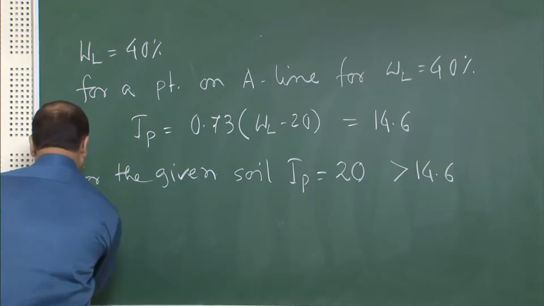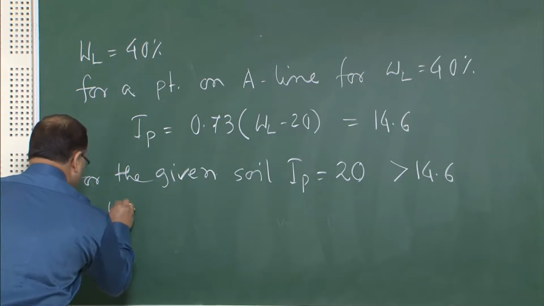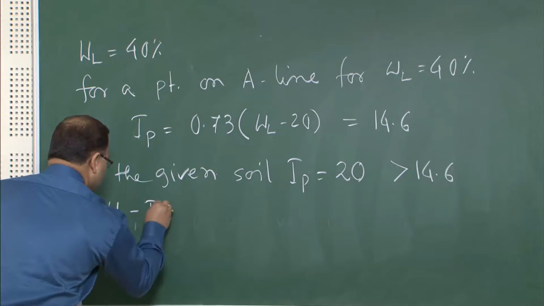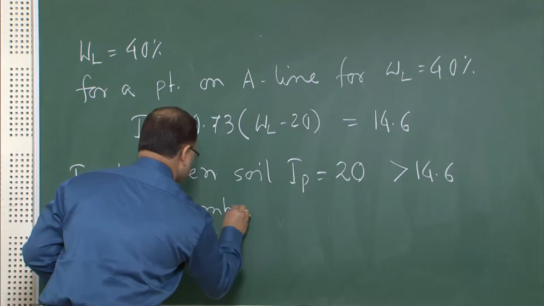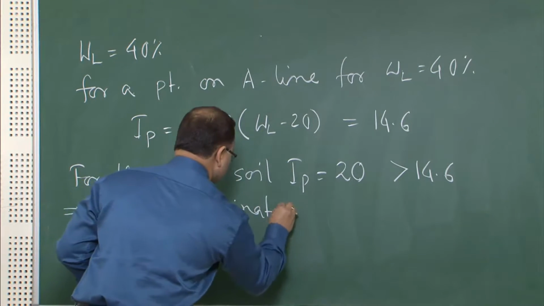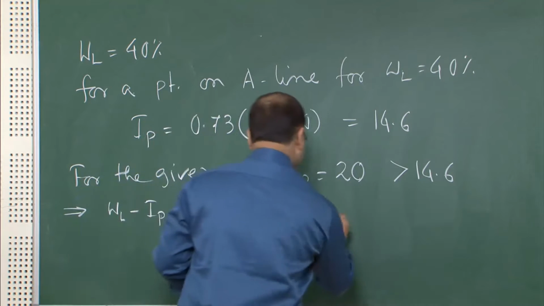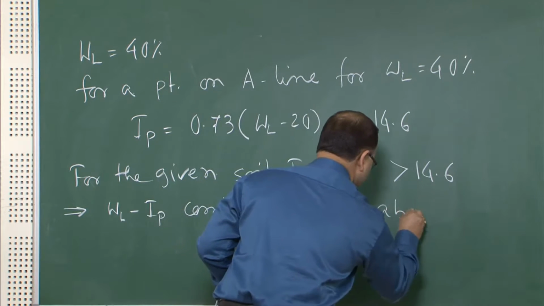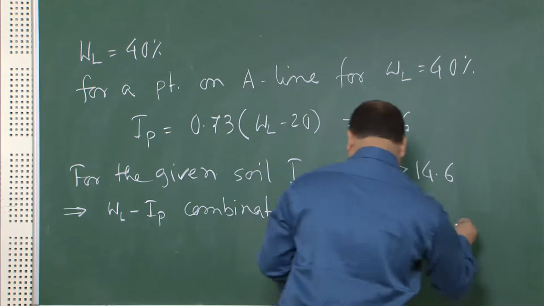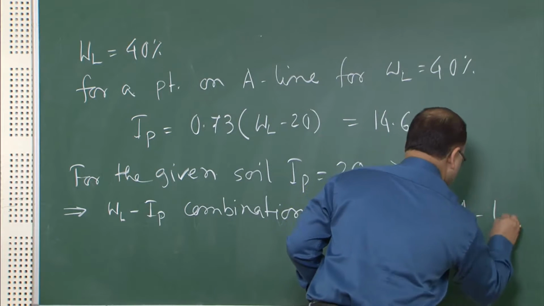So, your liquid limit and IP combination lies above the A line.